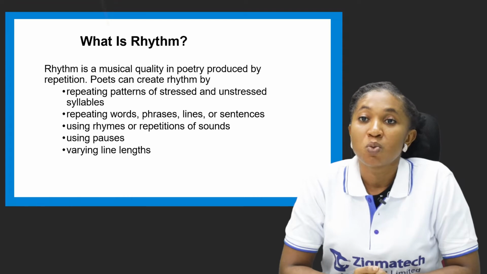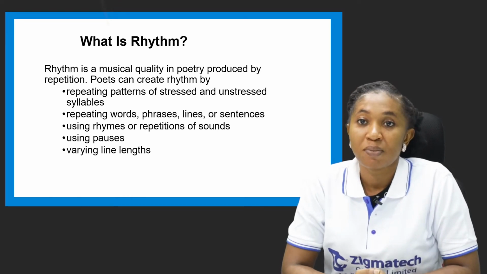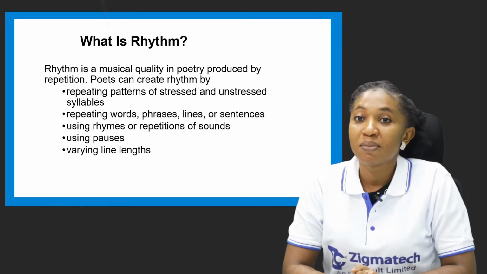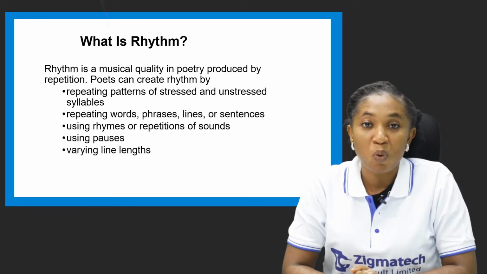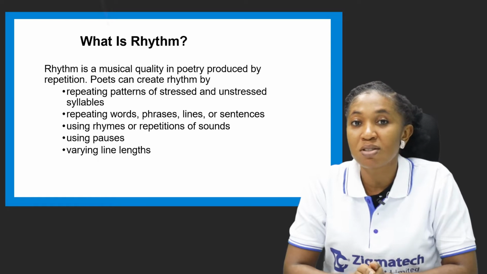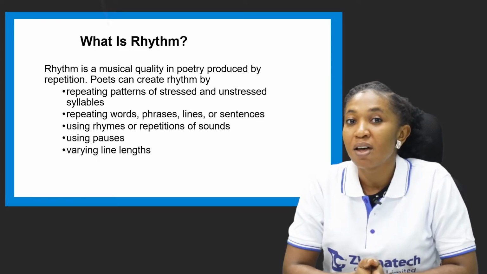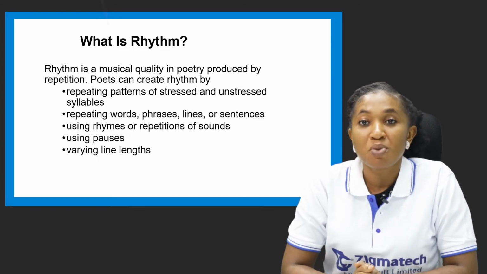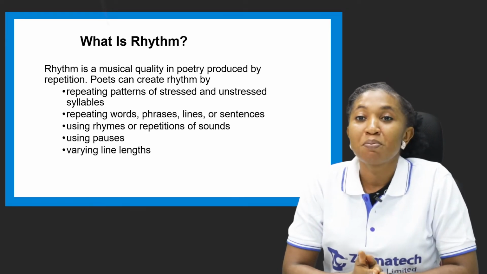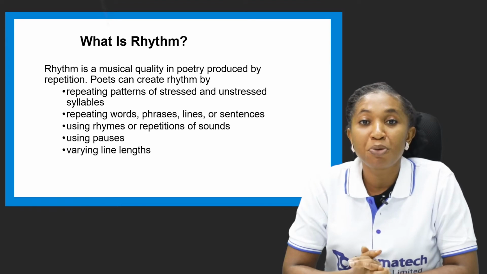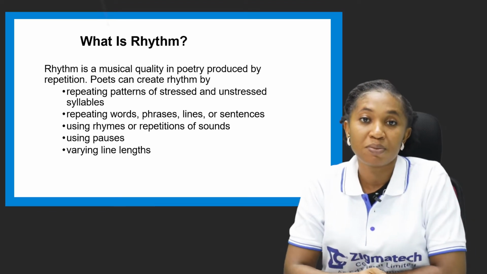Now let's look at the first one. What is rhythm? In every poem, rhythm is very important. Poets cannot write a poem without rhythm. Every poem must have a rhythm. As I've explained earlier, rhythm is a musical quality in poetry produced by repetition.